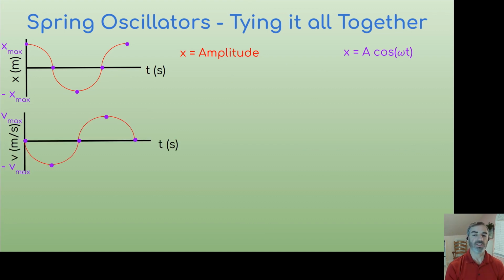Then we look at our velocity time graph, and we derived this equation using conservation of energy: V max equals x times the square root of k over m. And here's why: we know that omega is equal to the square root of k divided by m, which means that we can substitute omega in for the square root of k over m, and V max is equal to x times omega.